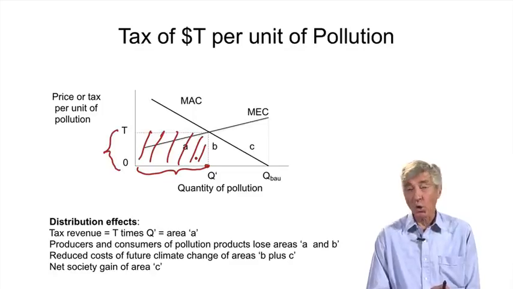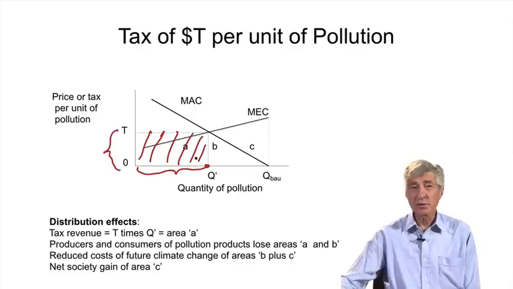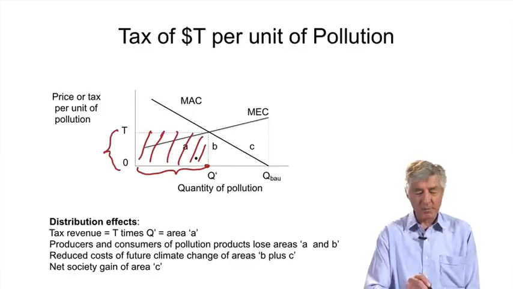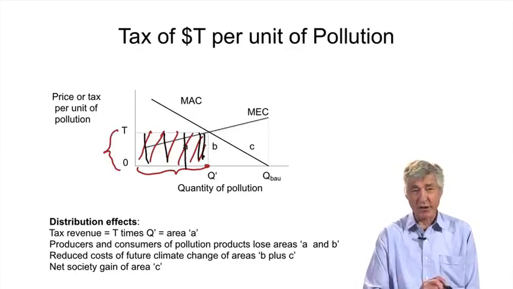But of course it's not all quite that good. What's happened to households and businesses? Well, they have to pay that tax. So that's really a transfer. But they've also now had to choose more expensive ways of producing their energy, but less polluting ways.